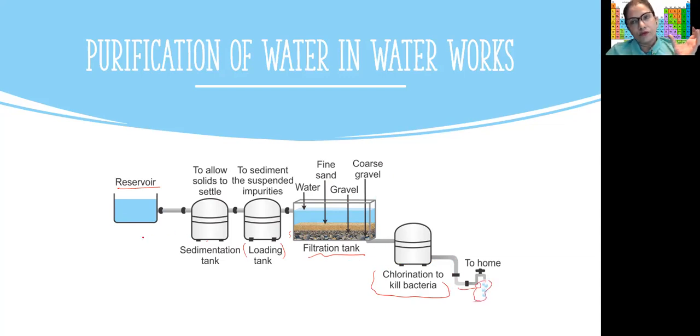So the water from the reservoir undergoes all these processes before we get pure water from the tap at home. From the reservoir into the sedimentation tank, then into a loading tank, then into a filtration tank, then into the chlorination tank, and then into the water pipes which are connected to our homes. Okay, so this is how purification of water takes place at home.